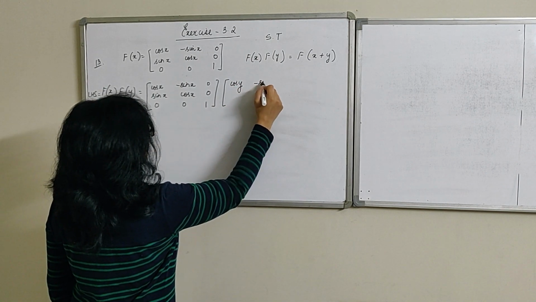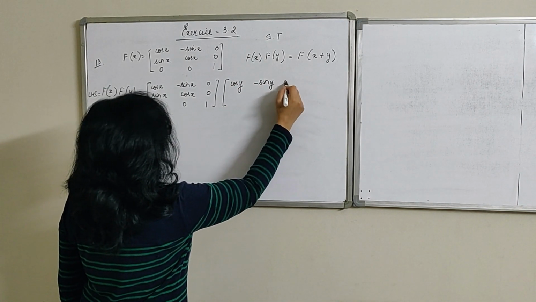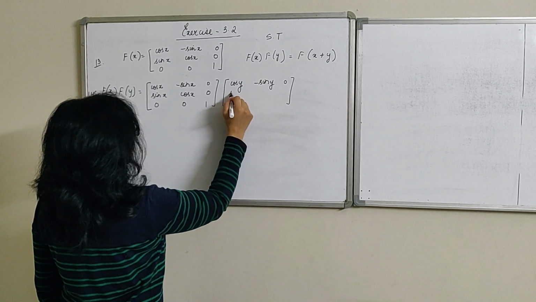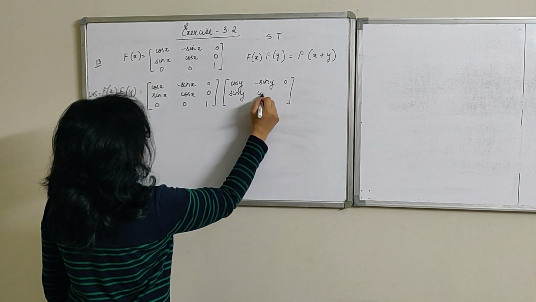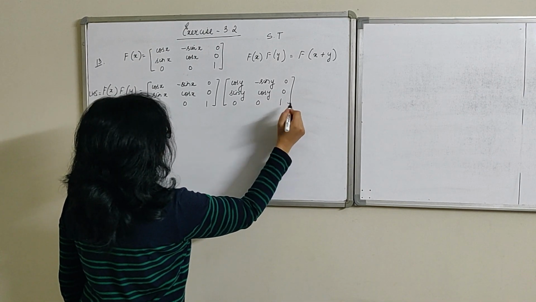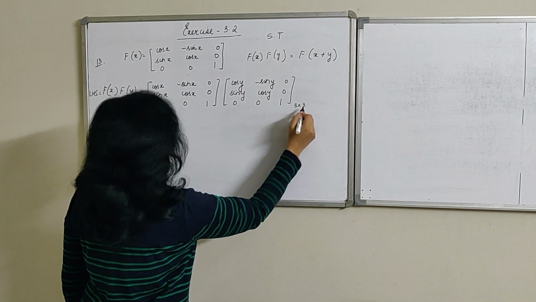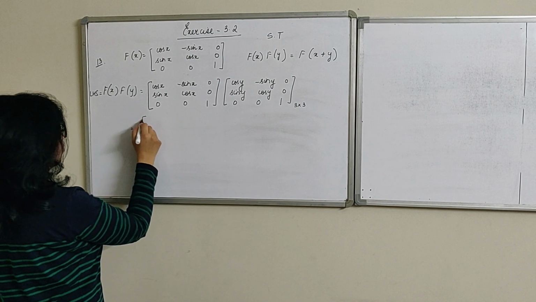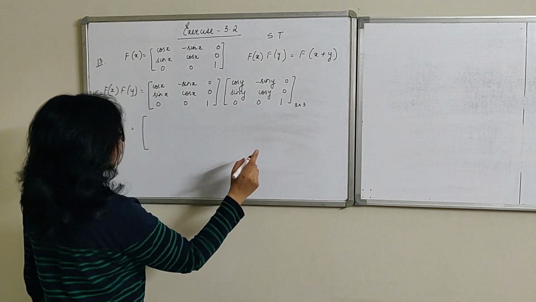So this is how the matrix f(y) is obtained. Now since both matrices are of the same order 3 by 3, the product matrix will also be a matrix of order 3 by 3.